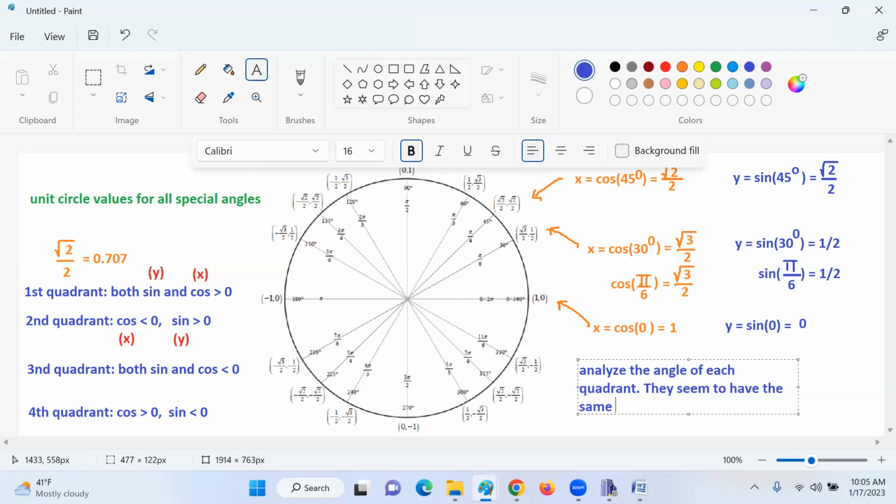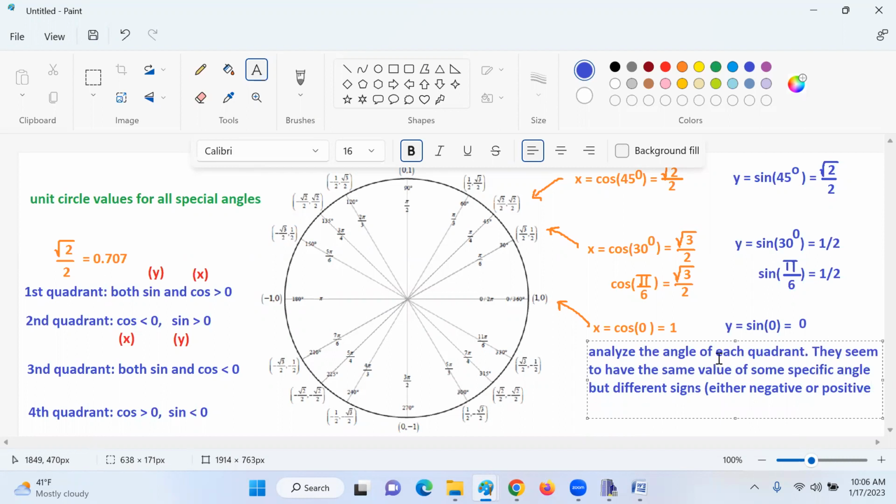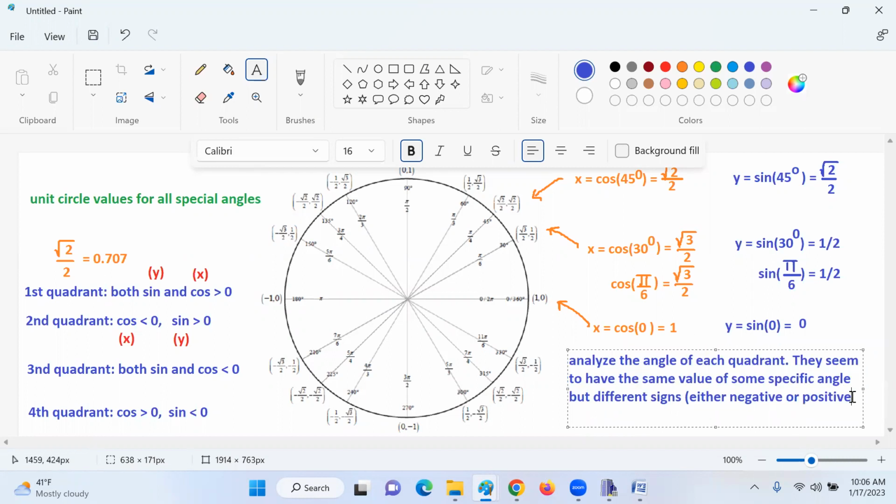They seem to have the same value of some specific angle, except for the sign, either negative or positive.